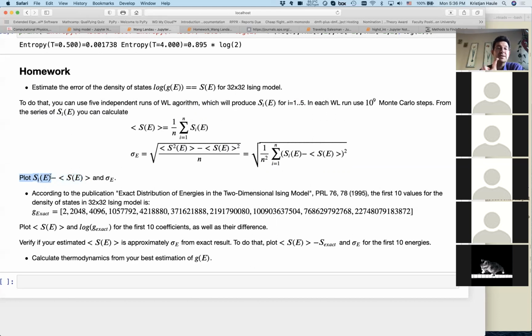So in each independent run, we are going to get the logarithm of the density of states, and you can subtract from it the average so that you see how big is the fluctuation of the density of states. And then you compare this with sigma, and you can then at least see whether sigma is of similar order of magnitude to the fluctuation. Of course, it should be smaller because it has this 1 over square root of n in front.